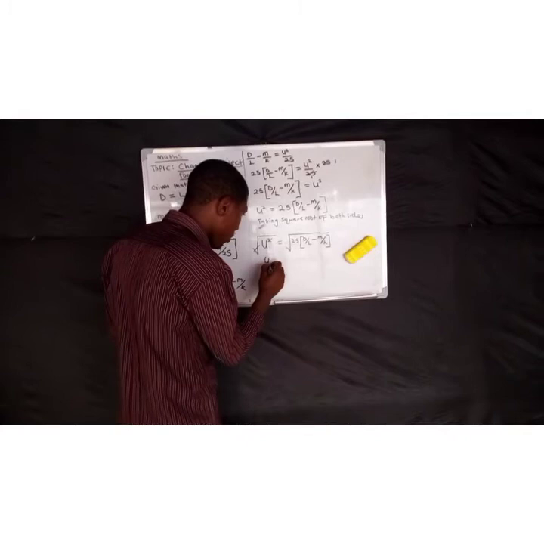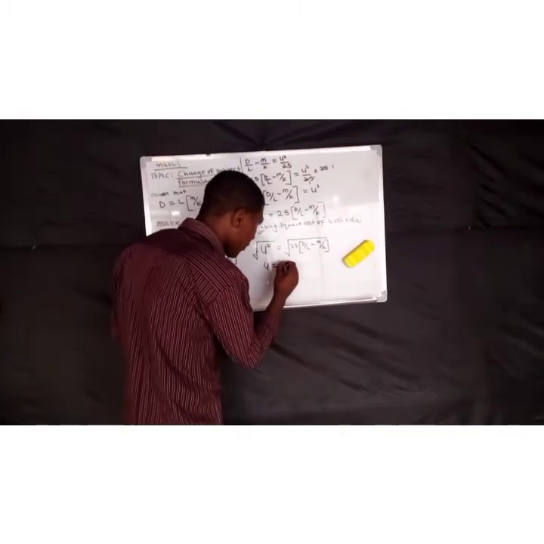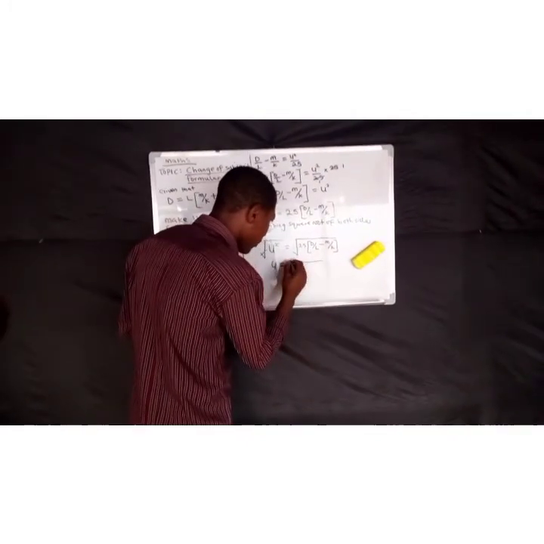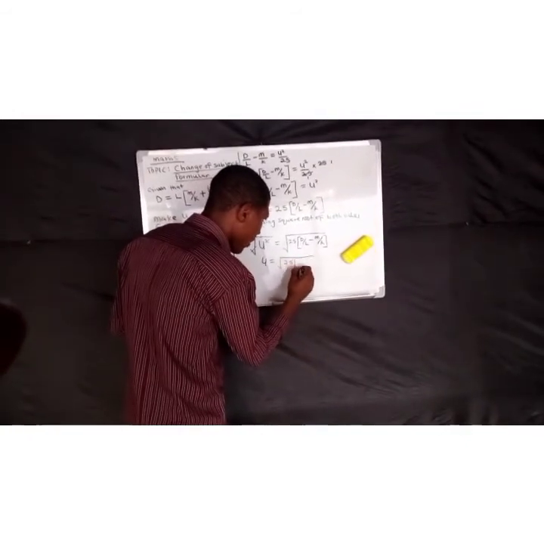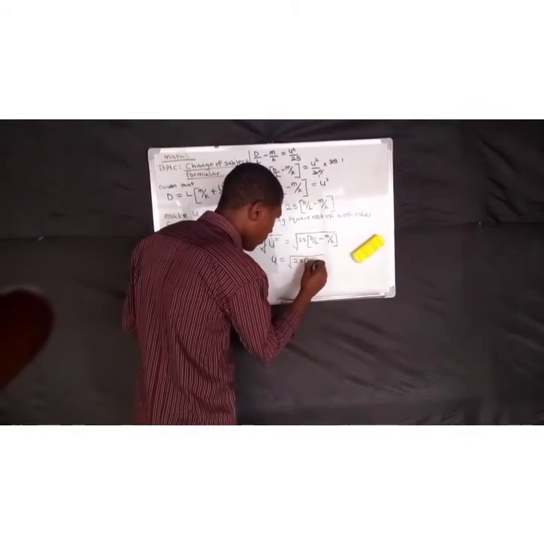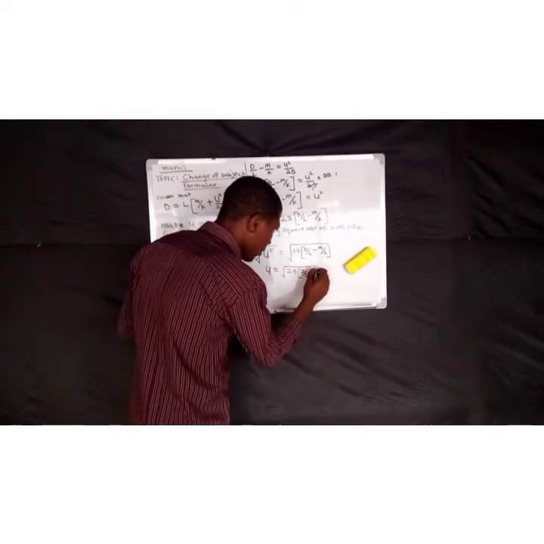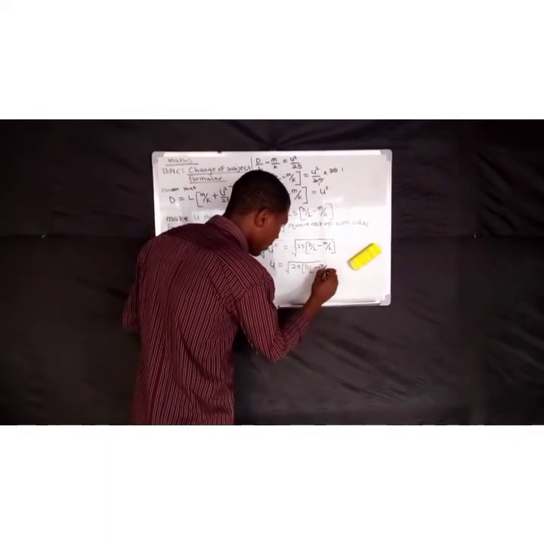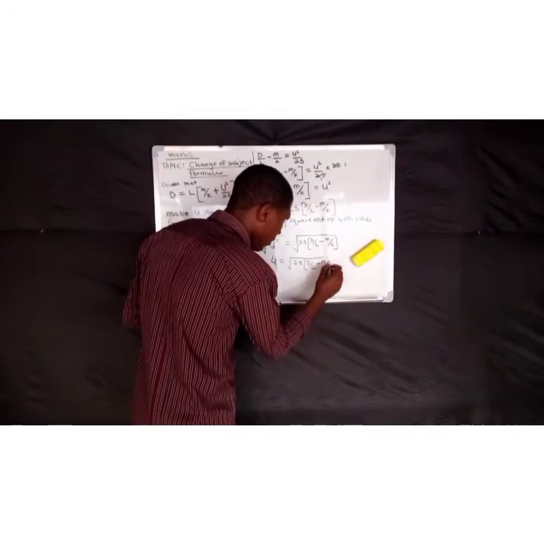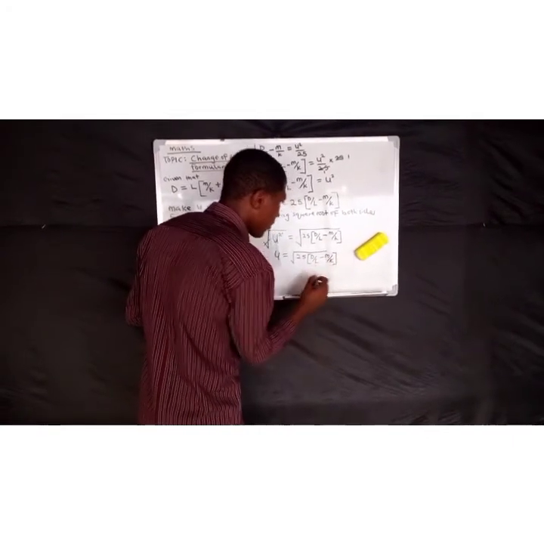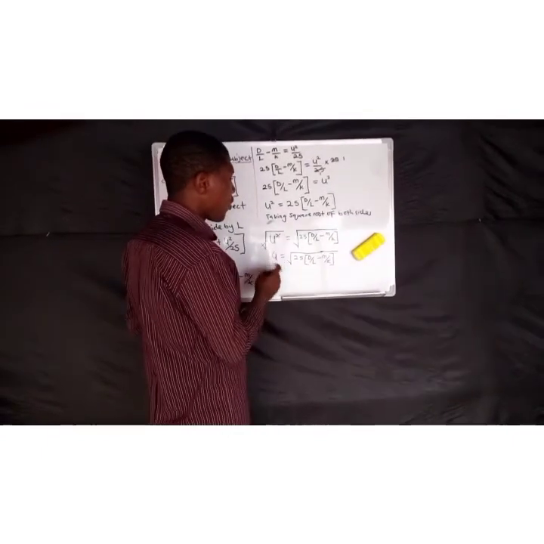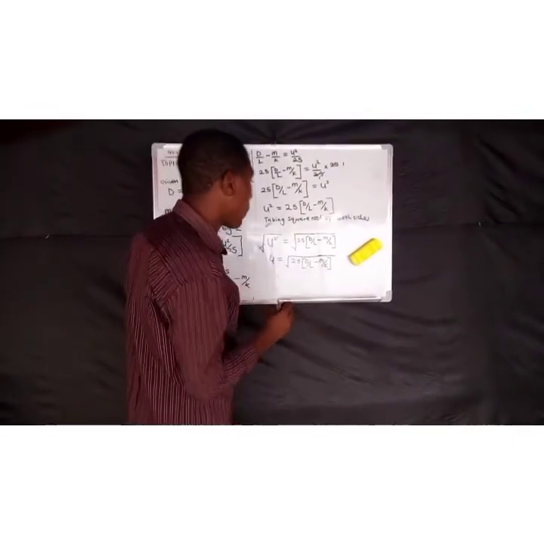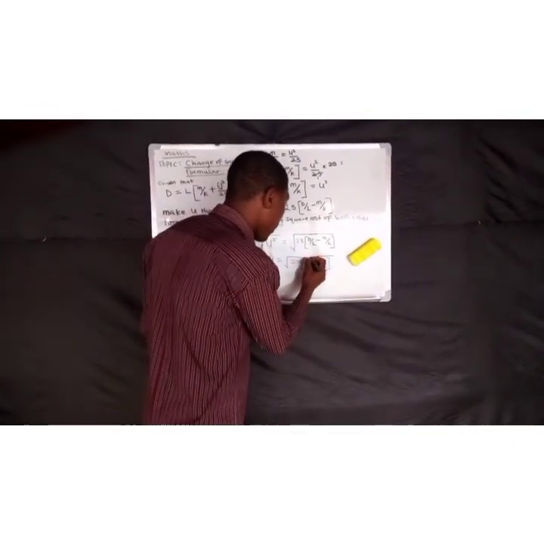So our U will be equal to the square root of 25 open brackets D over L minus M over K. So we've made U the subject of the formula.